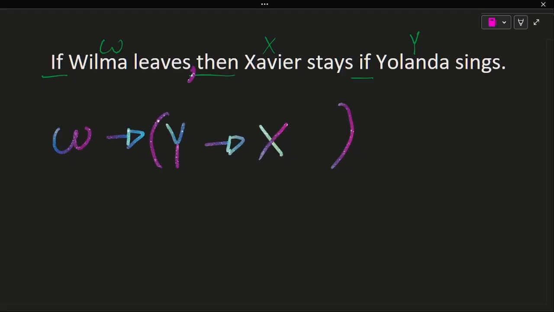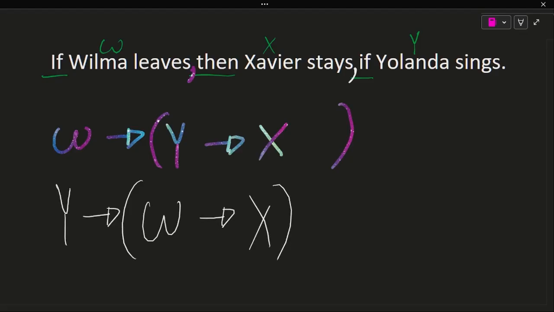The other option is, if the comma was here, it becomes, if Yolanda sings, if Wilma leaves, then Xavier stays.